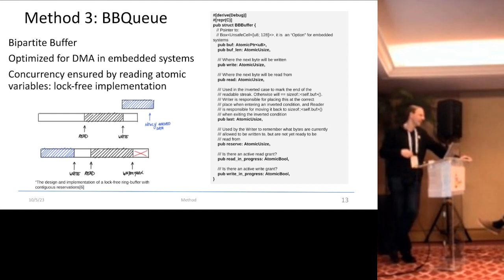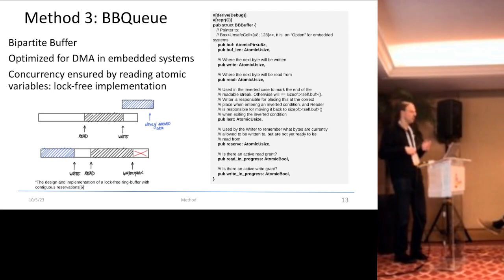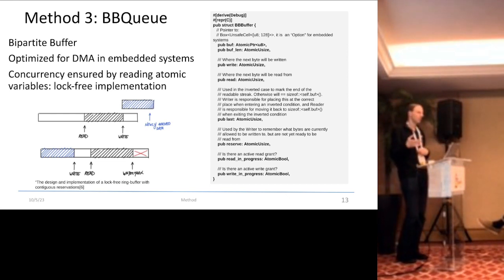Of course, we could always implement this using locks, but then it would be relatively inefficient. So the challenge here is that we implement this without locks, but use atomic variables in the right way at the right place and still be thread safe.